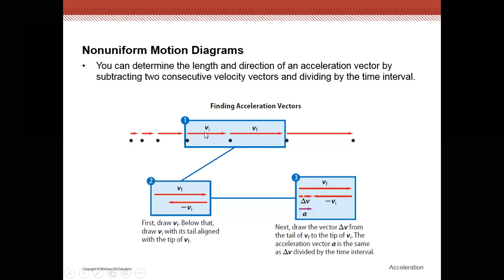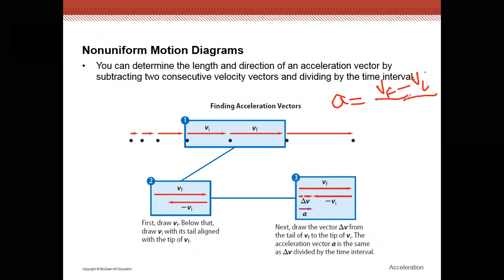Look here, this is the initial velocity and this is the final velocity. Remember the law, acceleration equals Vf minus Vi over time. So here Vi and Vf are in the same direction. This one in the positive direction, this one in the positive direction.